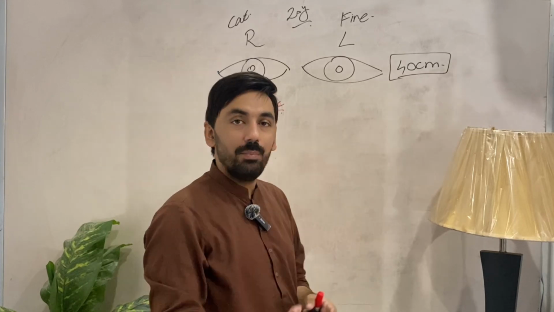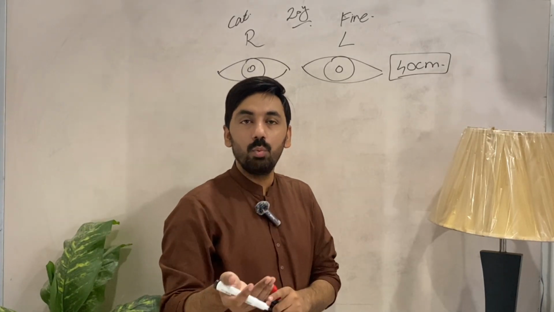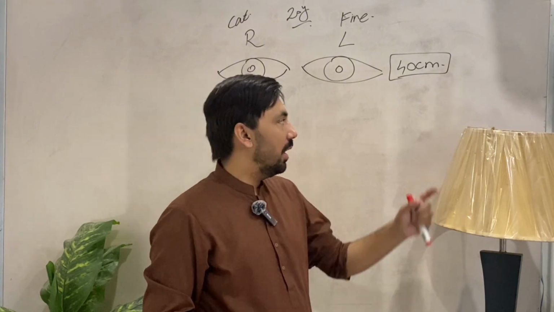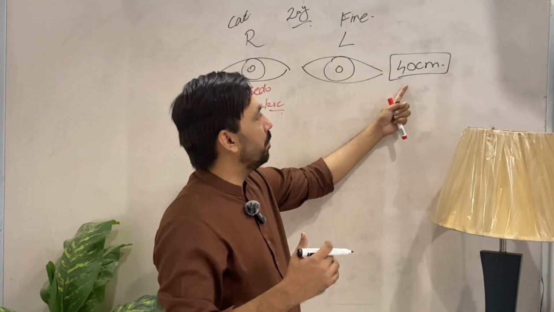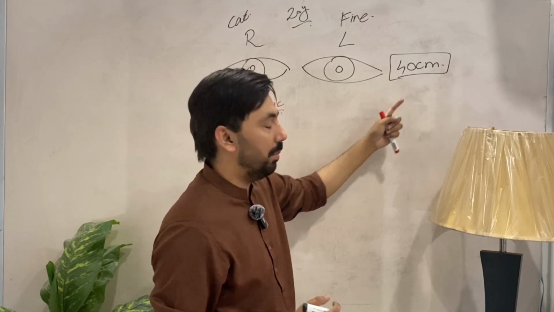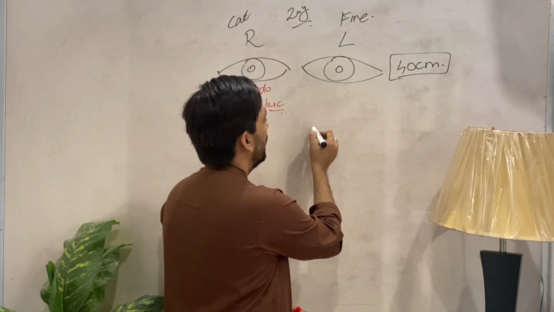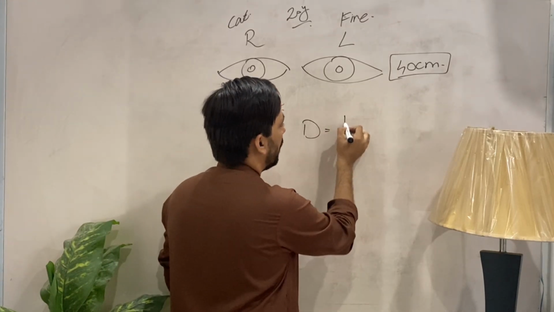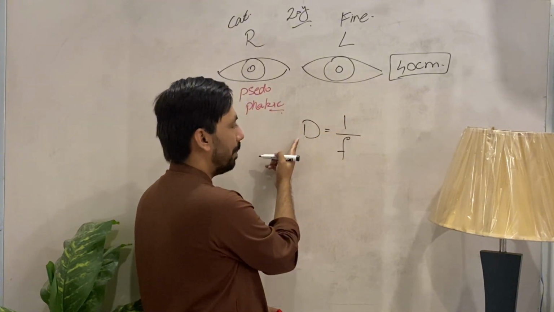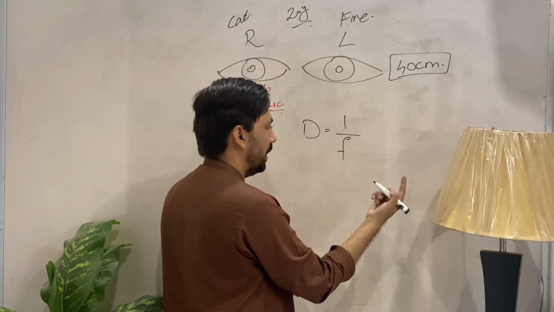We can ask the patient what the working distance is, and we can measure it with a scale. Normally the working distance in an adult is 40 centimeters. So we can easily convert this working distance with the formula D equals 1 over f, where D is the dioptric value, the power, and f is the distance, actually the working distance.